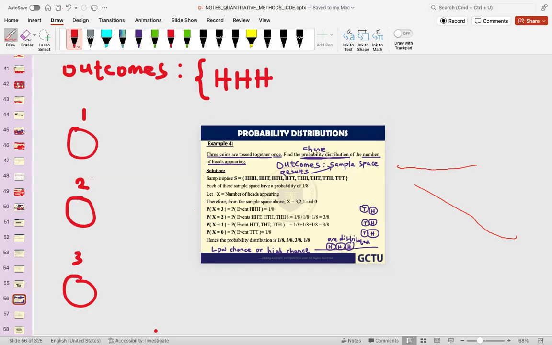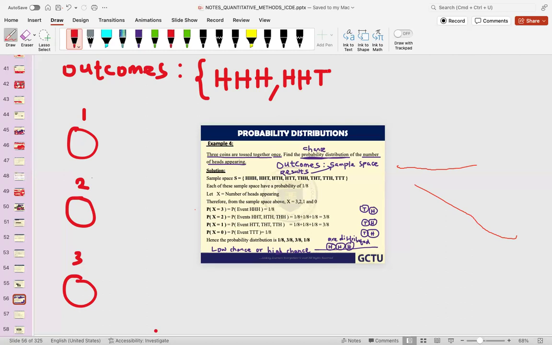This is one possibility, that all 3 of them will show head, head, head. Or second possibility, the first will show head, the second will also show head, but this time the third will show tail, the other side.